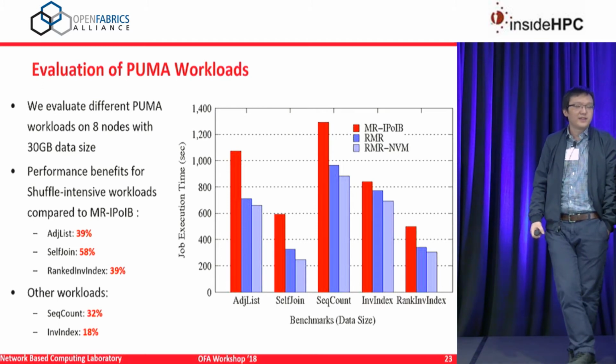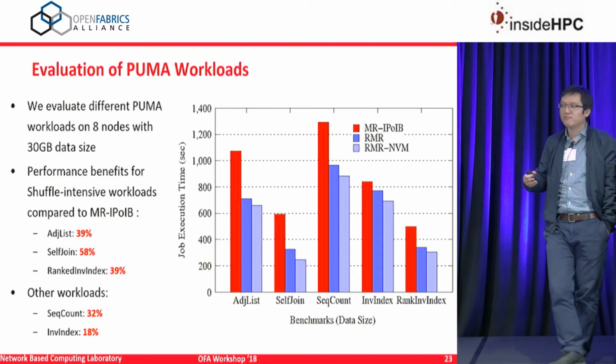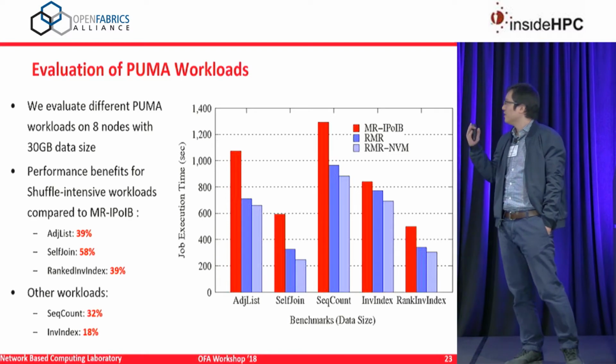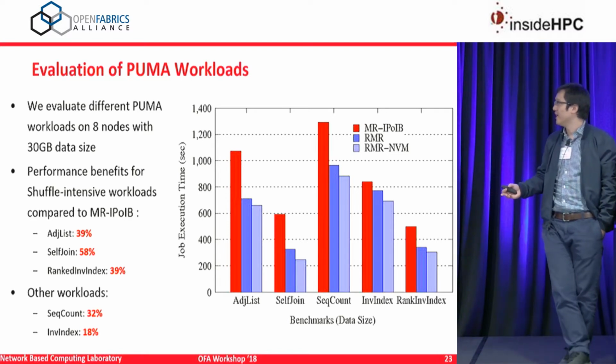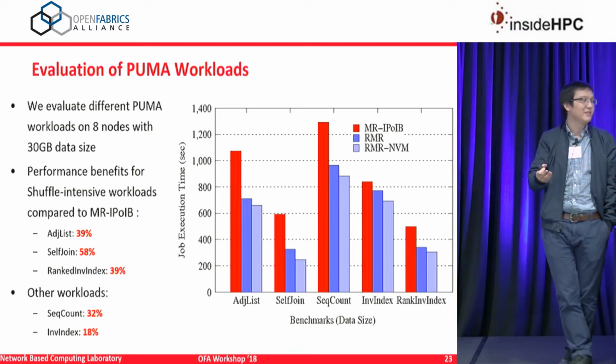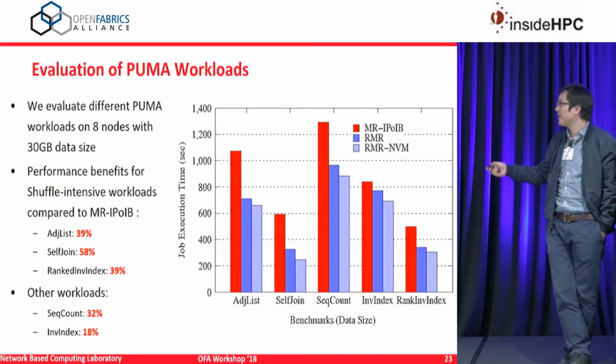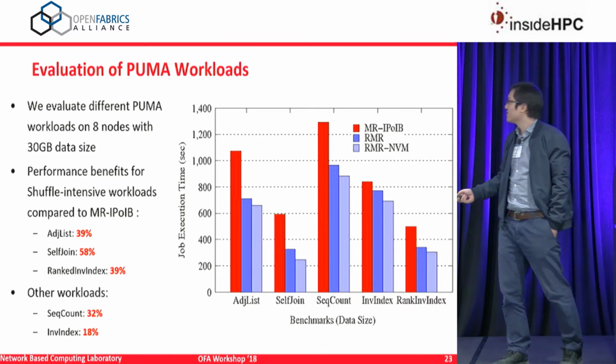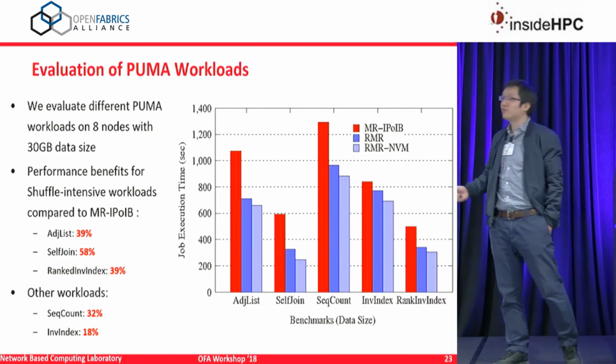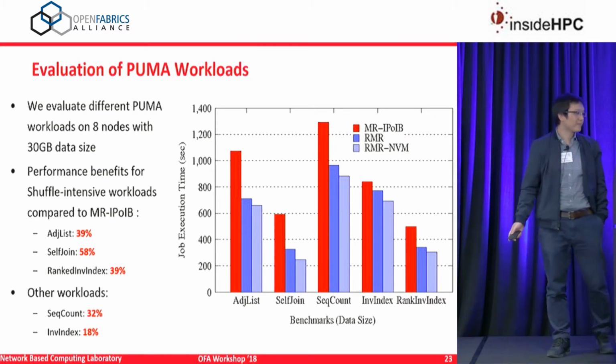The idea is that sometimes your applications may have different characteristics, so they designed micro-benchmark kernels to capture those application scenarios. They also make some real data sets available. So we downloaded their real data sets and ran their applications. We see around 40% and 50% improvement for different cases as well.